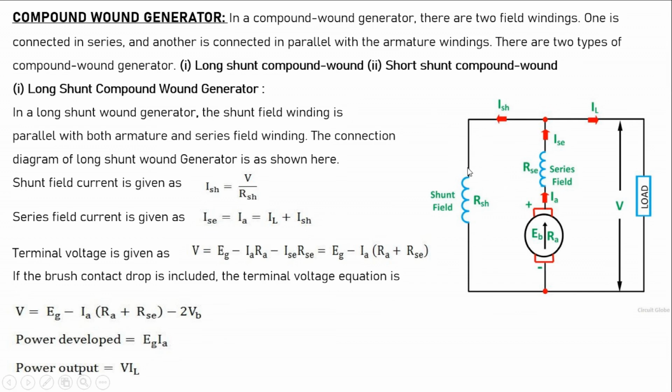The shunt field will not count because it is not in series with this line. ISC and IA are the same, so I can write it like this. If brush contact drop is included, we can add minus 2 VB here. Power developed in the armature is EG into IA, it is EG and not EB, and power output is equal to V into IL.